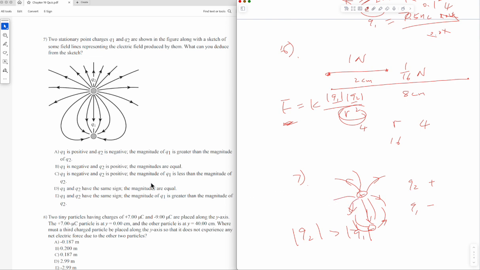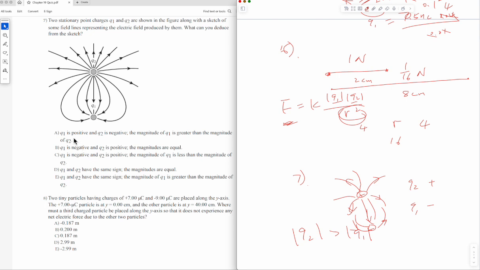So the statement that Q1 is positive is wrong. Q1 negative and Q2 positive, that's right. Actually, the magnitude of charge is proportional to the number of lines getting into or out of the charge. So Q2 is much bigger than Q1.